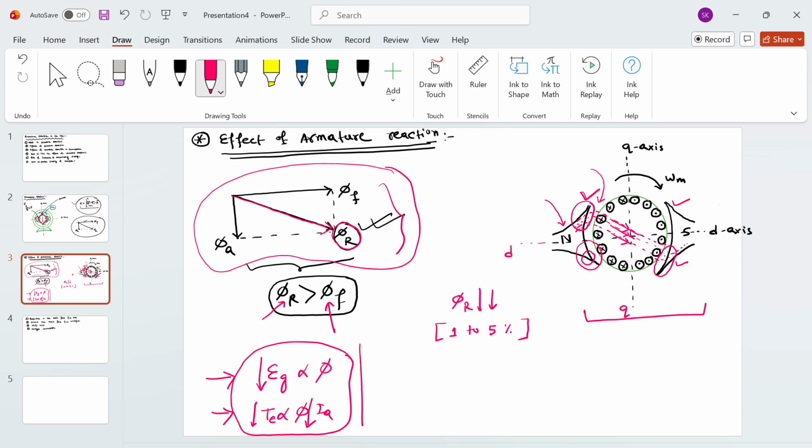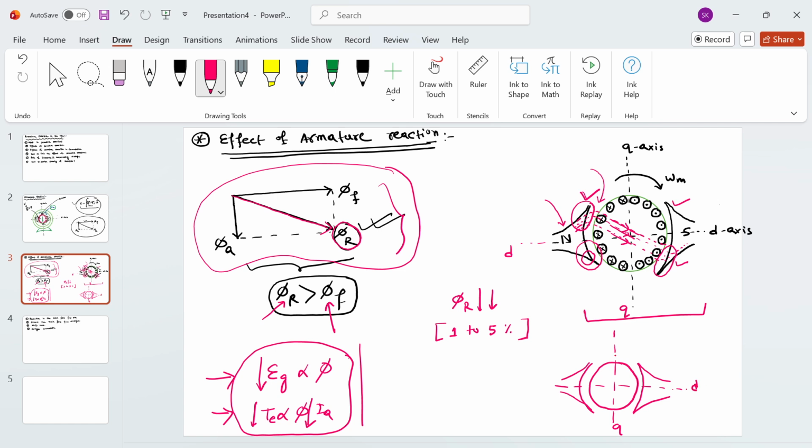In a DC machine, this is your rotor, and roughly, this is your stator pole, this is your stator pole, this is your Q axis, and this is your D axis.